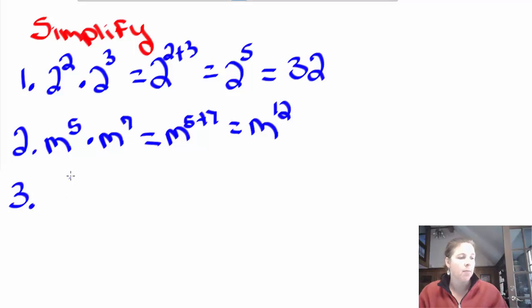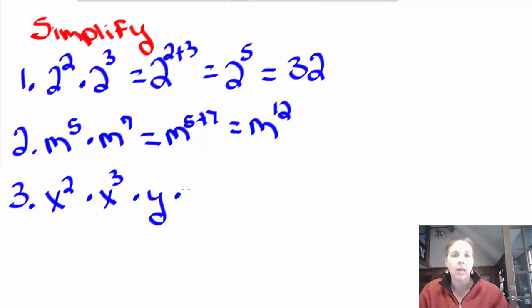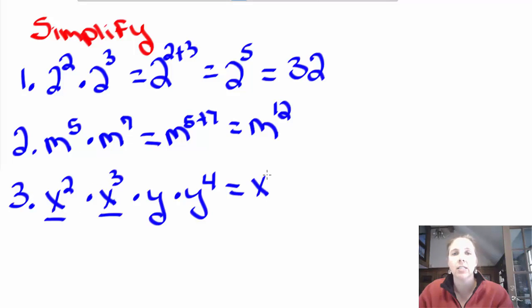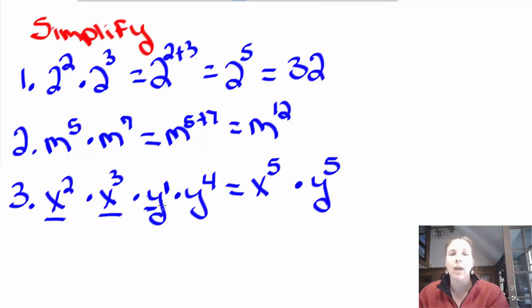Okay. Number 3, x squared times x cubed times y to the 4th. So you take the ones with the same base and you add the exponents together, so that's going to be x to the 5th times y to the 4th. Remember that y to the 4th is separate, and that's really y to the 1st if it has no exponent.